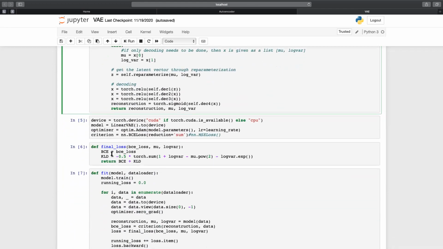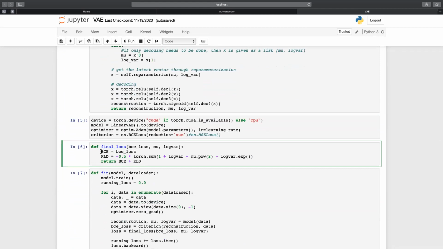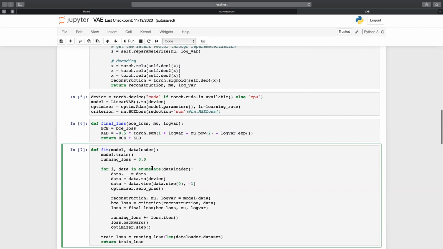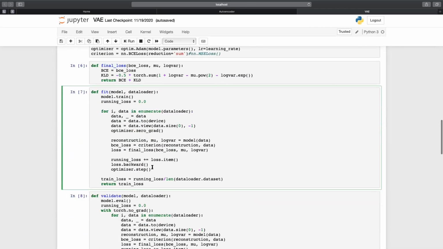And then the second difference is the loss function, which is in this case a binary cross entropy loss and the KL divergence. We've assumed the underlying distributions to be Gaussian, and this is what the KL divergence between a Gaussian distribution and a zero mean unit variance Gaussian distribution looks like. And that is it.